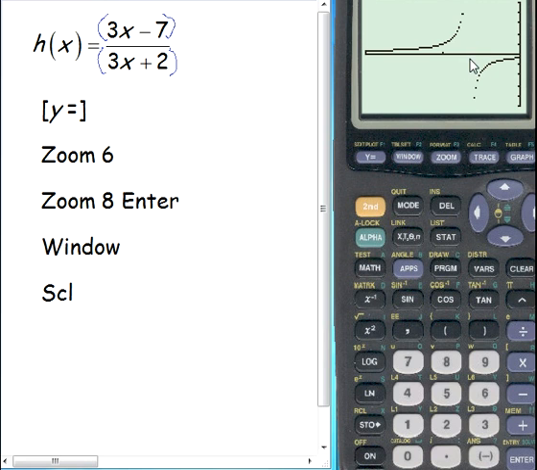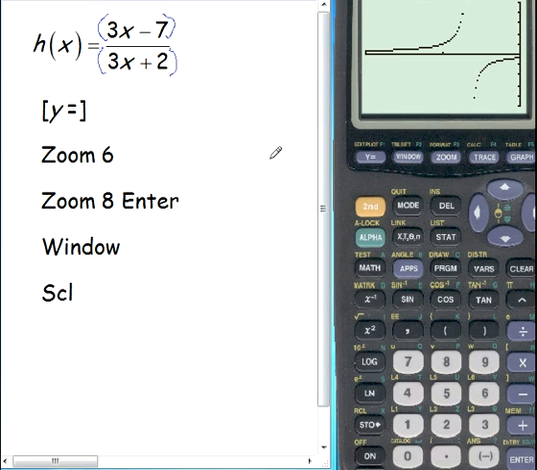Sure enough, that seems to be the asymptote there at -2/3. We can see that our domain excludes -2/3, and our range seems to exclude 0. It seems to have an asymptote at 0.